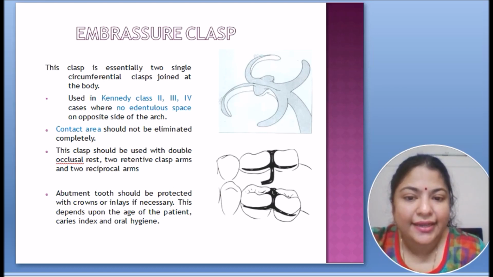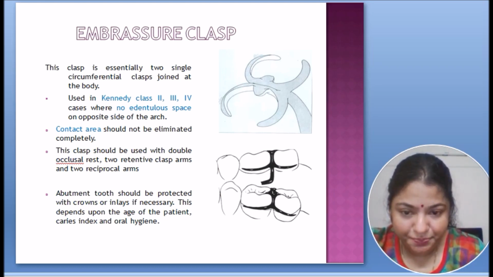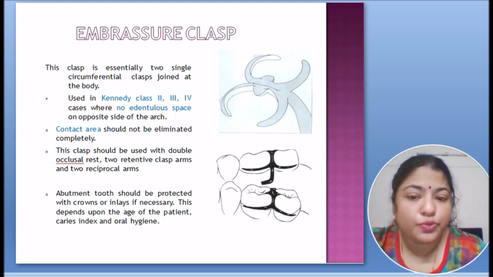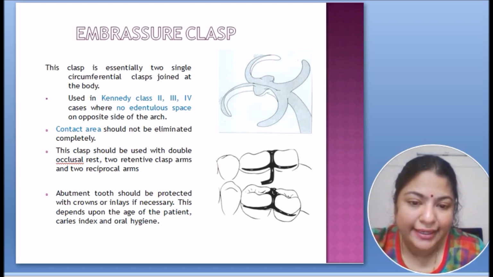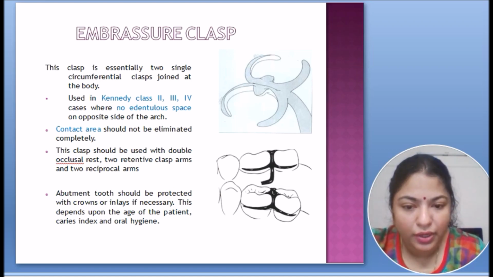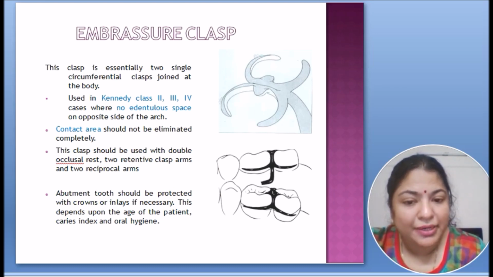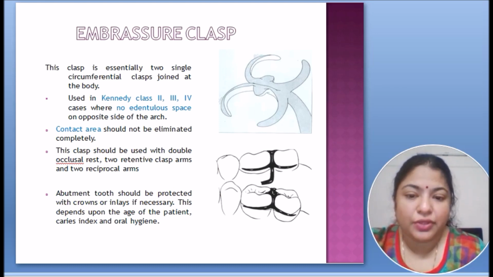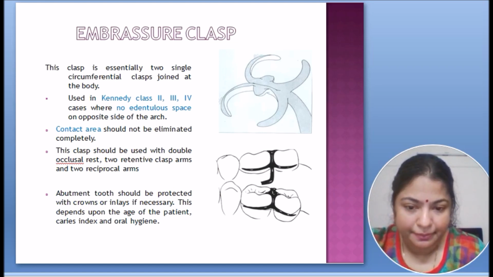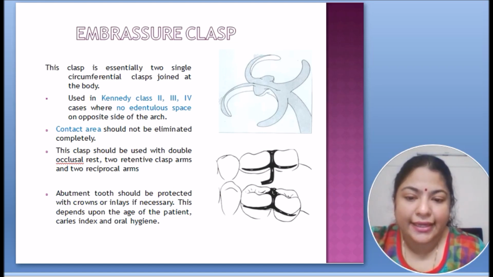It is very important that the contact area should not be eliminated completely to place the joint area of the embrasure clasp. It should be used with double occlusal rests, 2 retentive clasp arms and 2 reciprocal arms. The abutment tooth may be protected with crowns or inlays if necessary. It also depends on the age of the patient, caries index and oral hygiene.